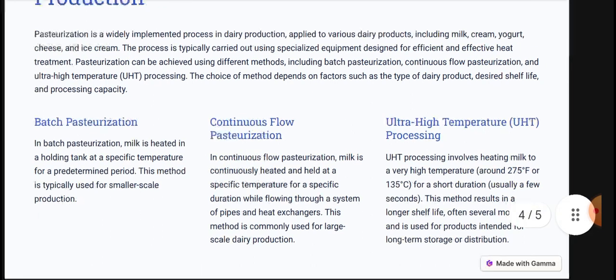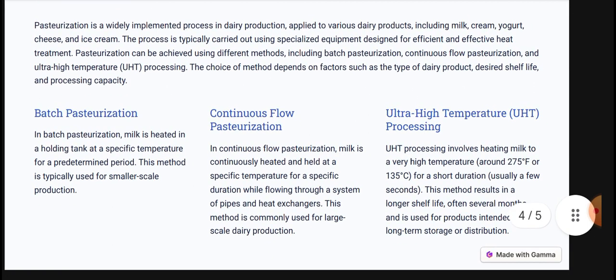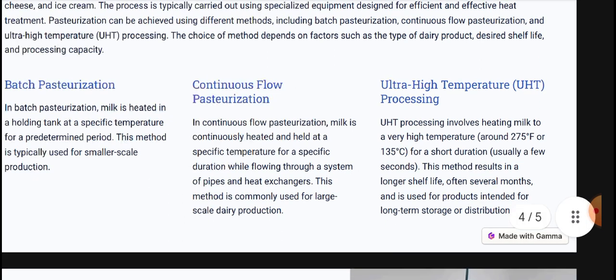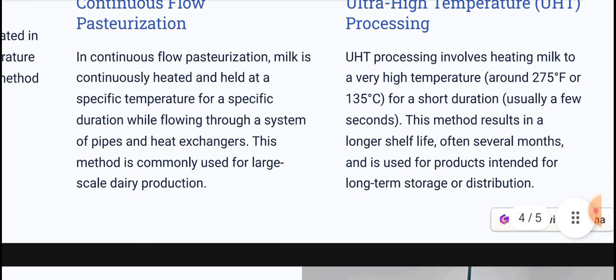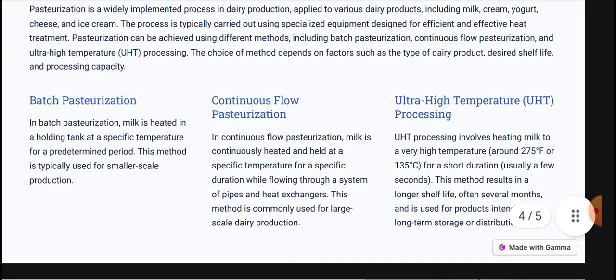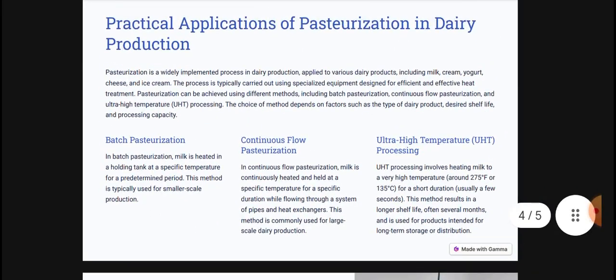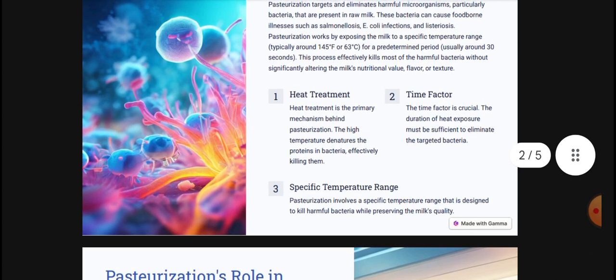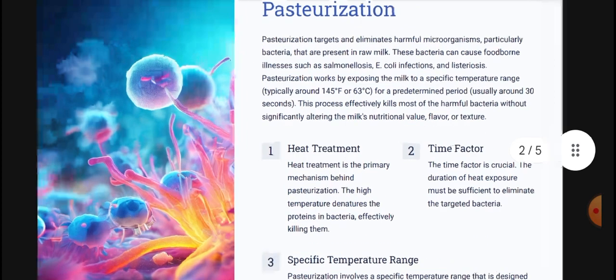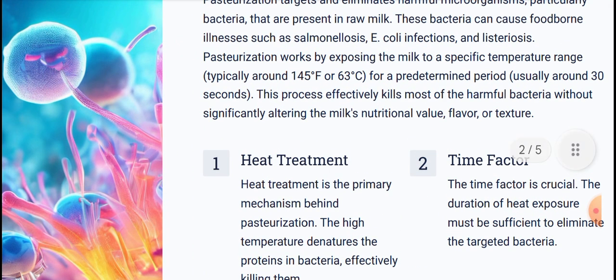And the third one is UHT, which is ultra high temperature processing. So what is ultra high temperature processing? UHT processing involves heating milk to a very high temperature. See, the temperature ranges to 135 degrees centigrade. In the previous slide, I mean in the basic pasteurization process, we noted that the temperature is 63 degrees centigrade.